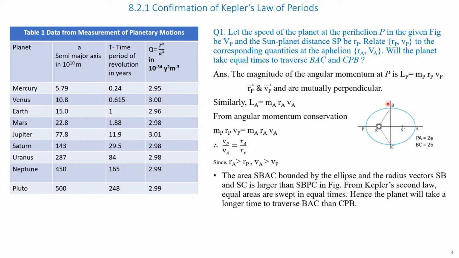This area, the right hand side of the dotted line, is greater than the left hand side area, as you can see from the figure. From Kepler's second law, equal areas are swept in equal times. Hence, the planet will take a longer time to traverse BAC than CPB. This is the answer.